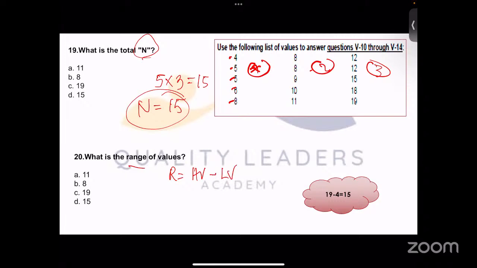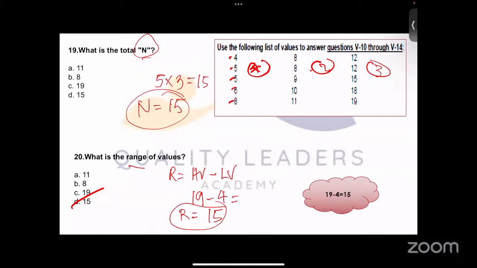So what is the highest value here? So 19, right? Minus 4. Okay, so that gives us 15 is the answer, letter D. So that's how you get the range.